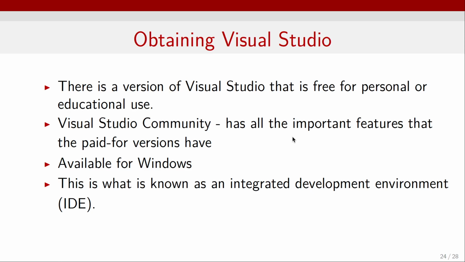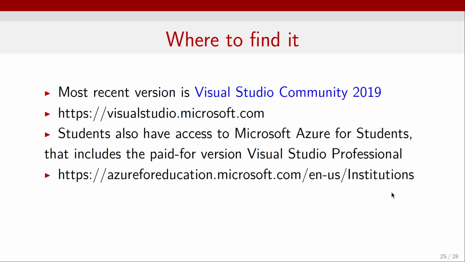It's called Visual Studio Community Edition and has all the important features that the paid-for versions have. So this is a full IDE that's known as an integrated development environment. You can find the most recent version in this link, visualstudio.microsoft.com.